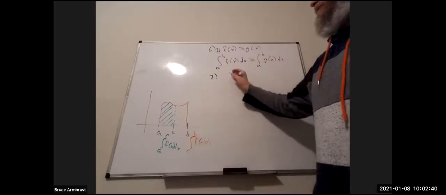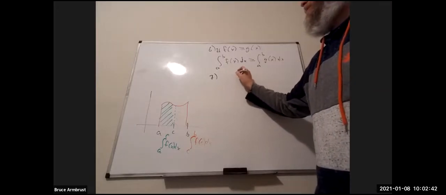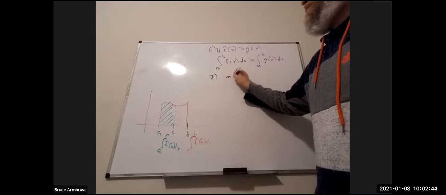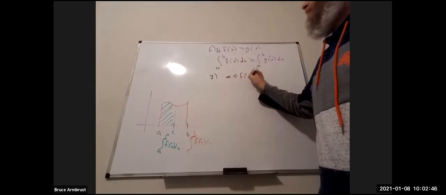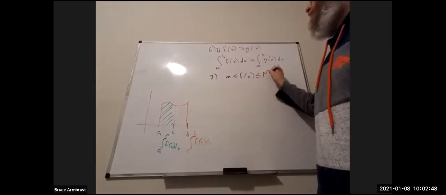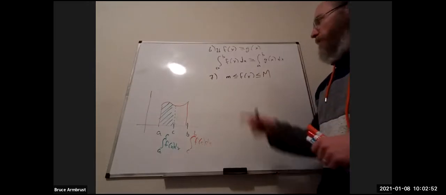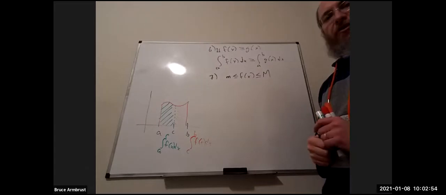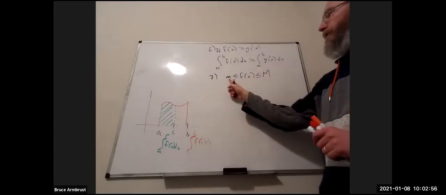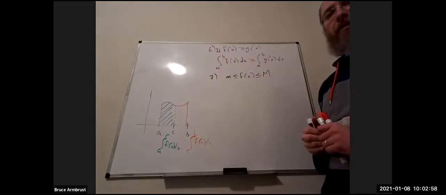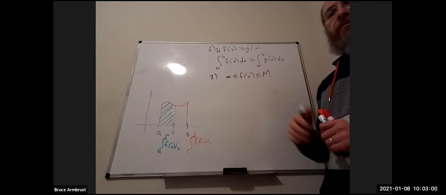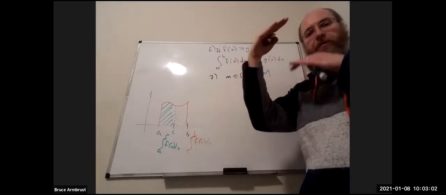And then we also have this. What if f of x is bounded? Okay, so what if our function is trapped between two numbers? This is a lowercase m, this is a capital M. So this just says that our function is trapped between two values.